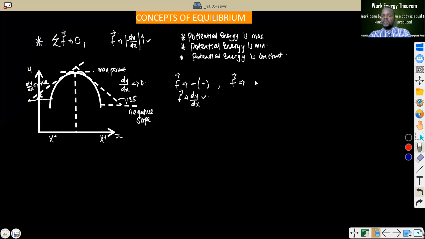It will still give us negative dU/dx. So what I'm saying is that towards the neighborhood of the maximum point, when you move towards the left, the force acting on the body will slightly decrease, and when you move toward the right, it will slightly increase.